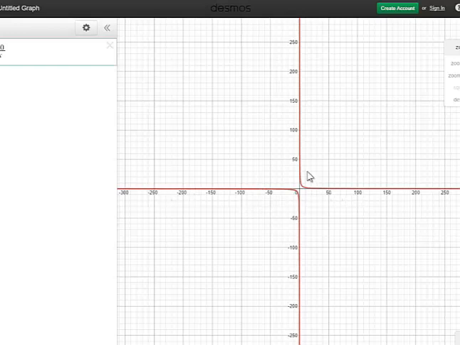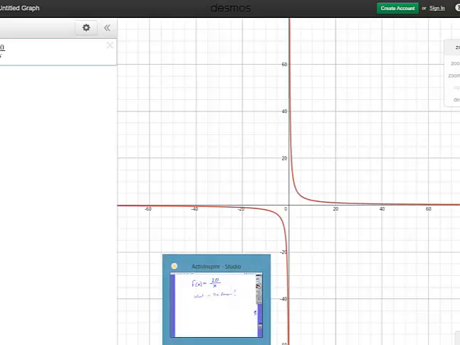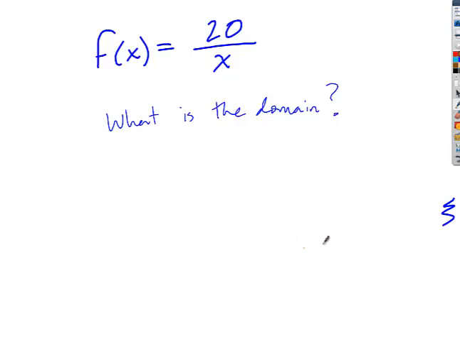Not only that, but it seems to be shooting up right at 0. That might not tell us everything we want to know, but it is a good start. It's a useful thing to look at this picture to get our mind thinking about what the domain would be. We are going to want to come back to this equation and work with it more directly.